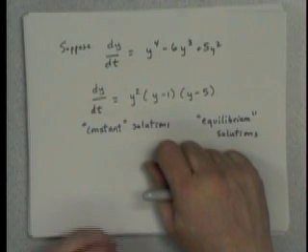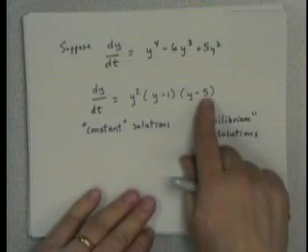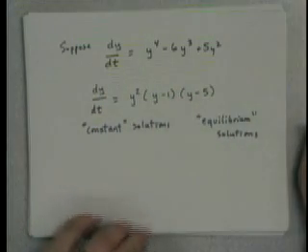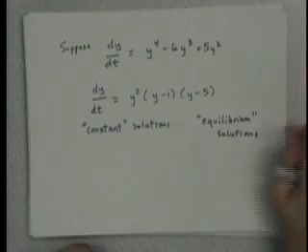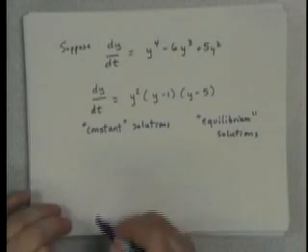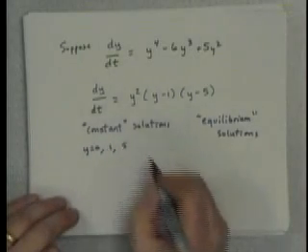So that becomes a constant once it reaches 1, or 0, or 5. Those would all be constant solutions or equilibrium solutions. Okay. And so these would be at y equals 0, 1, and 5.